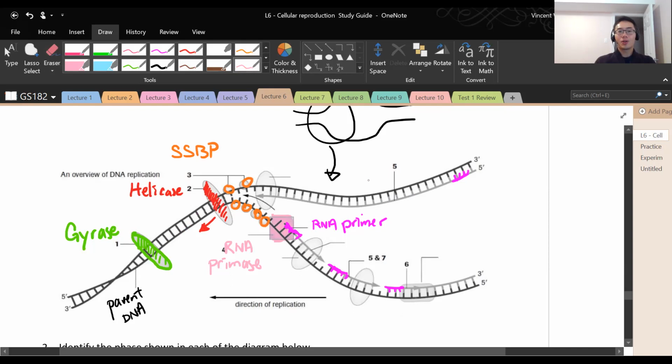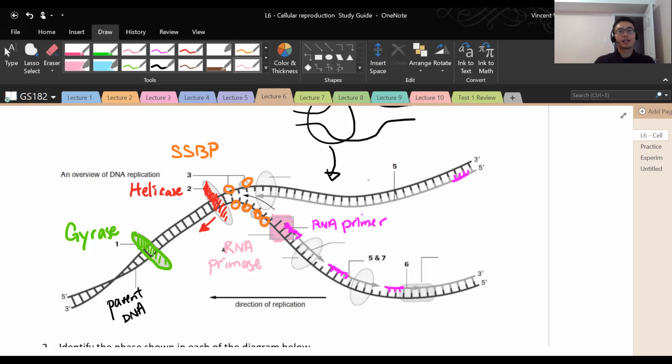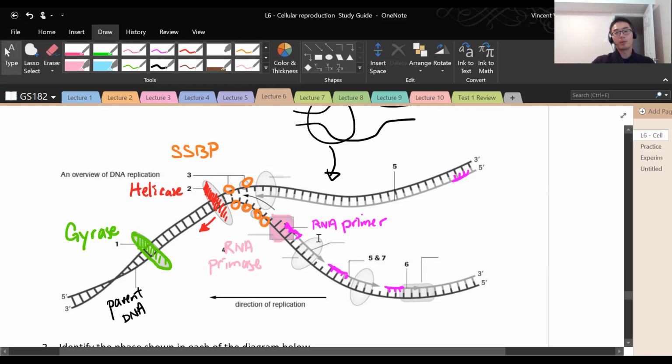Do you guys know, before I was a teacher, I did research at SickKids, and there are these vending machines on the research floor, kind of like snack vending machines, but instead of potato chips coming down, you would be able to buy RNA primase, or ligase, and all these little packages.